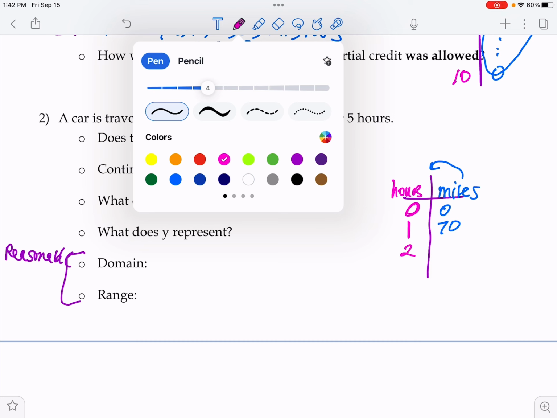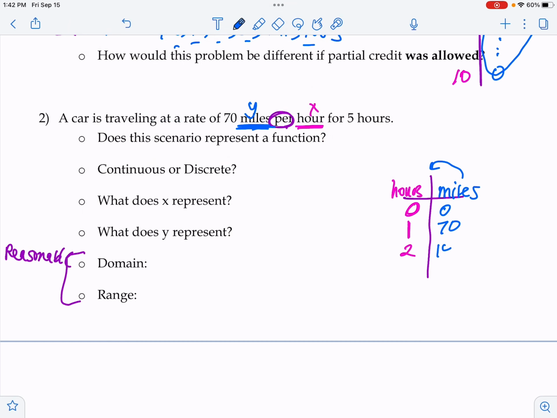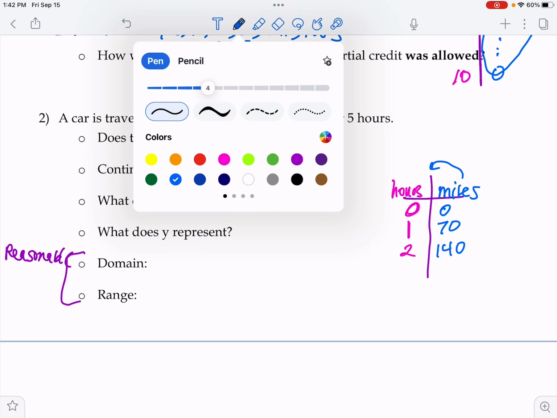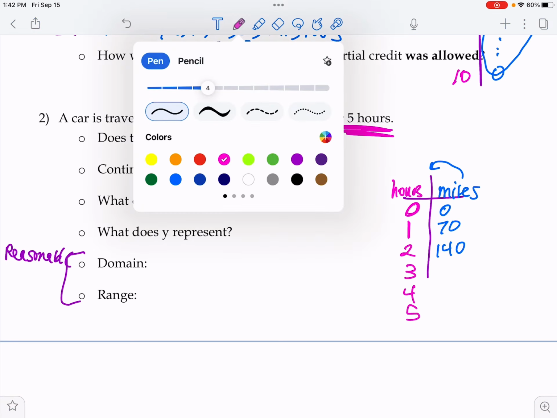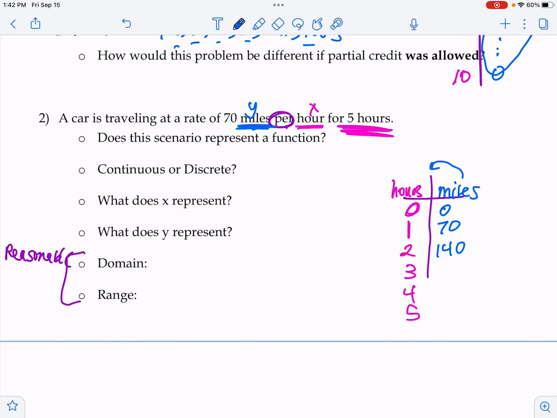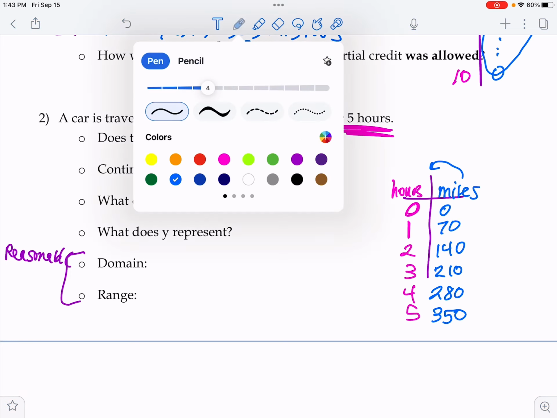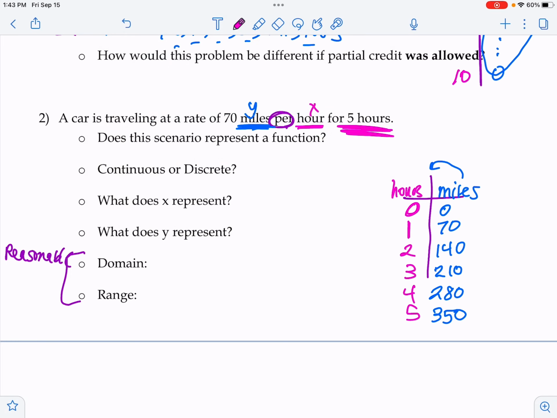I would now have 140. And then 3, 4, 5, because I'm only driving for 5 hours. They limited me here. And so I would have 210, 280, 350.